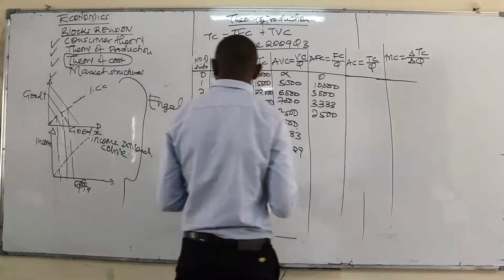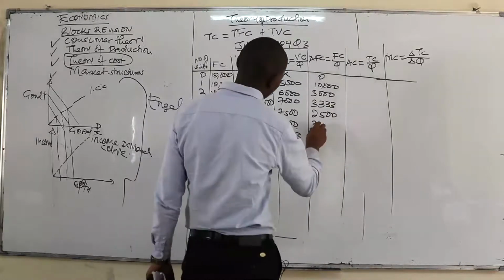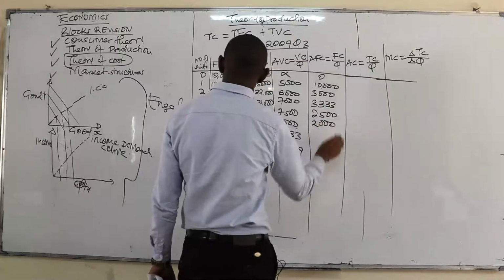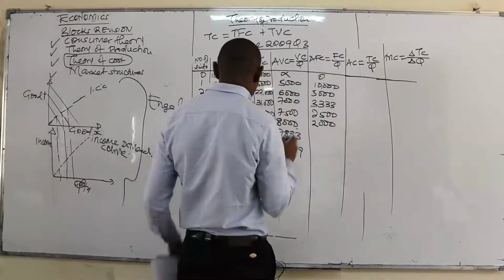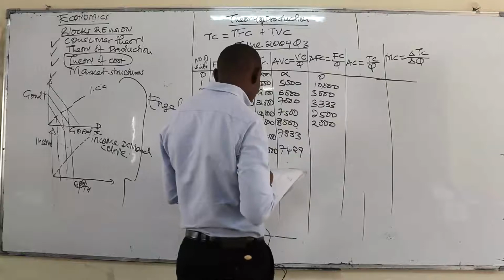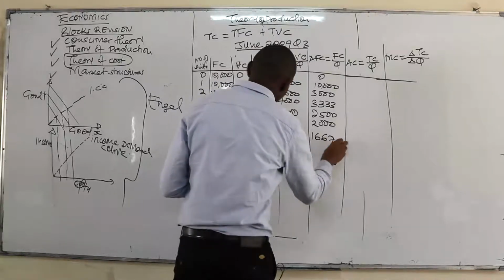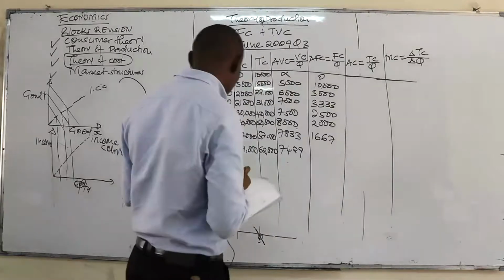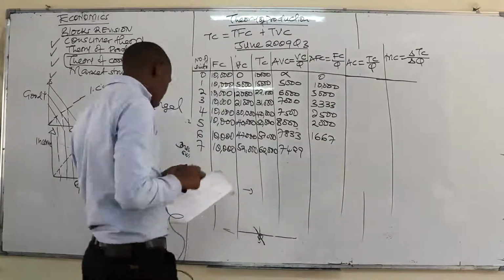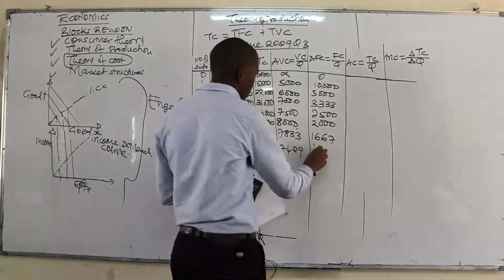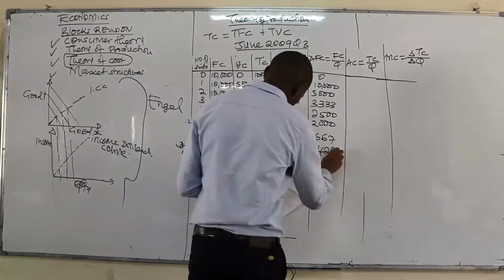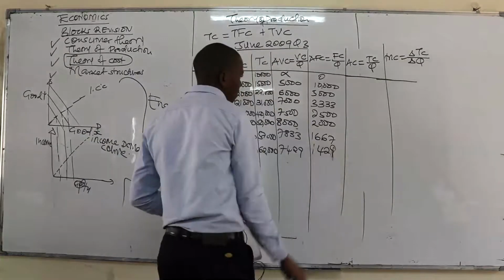Other one is 10,000 divided by 5, 2,000. And then 10,000 divided by 6, which in that case is 1,667. And then the other one is 10,000 divided by 7, which is 1,429. So that is how you get that.